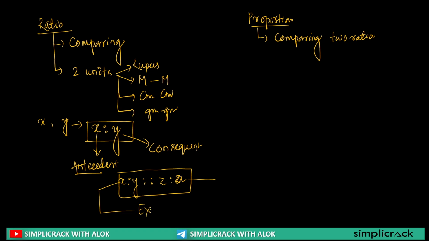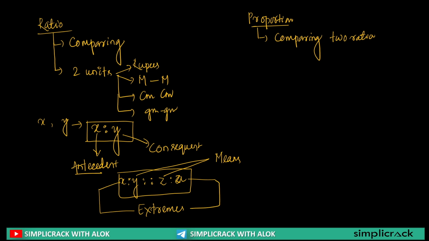So x and a will be known as the extremes. You just need to understand this language. Why am I telling you this language? It may sound silly right now, but these are really important, because the questioner can make anything for the examination. So you need to understand this. And y and z are known as the means.